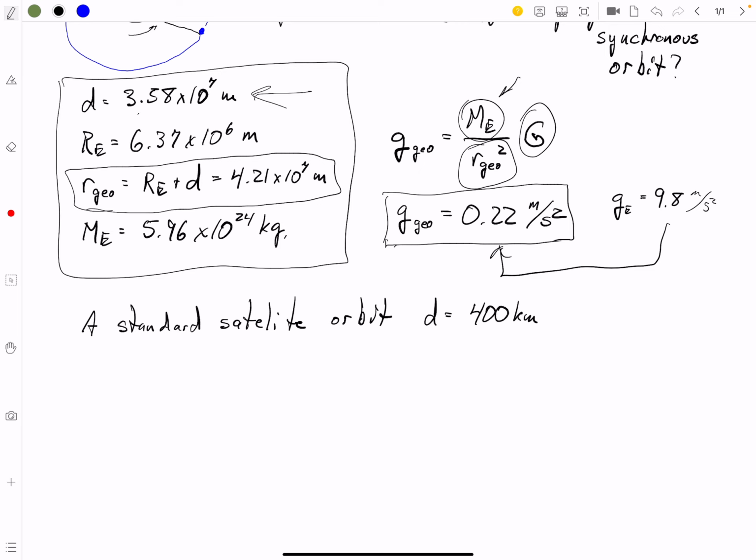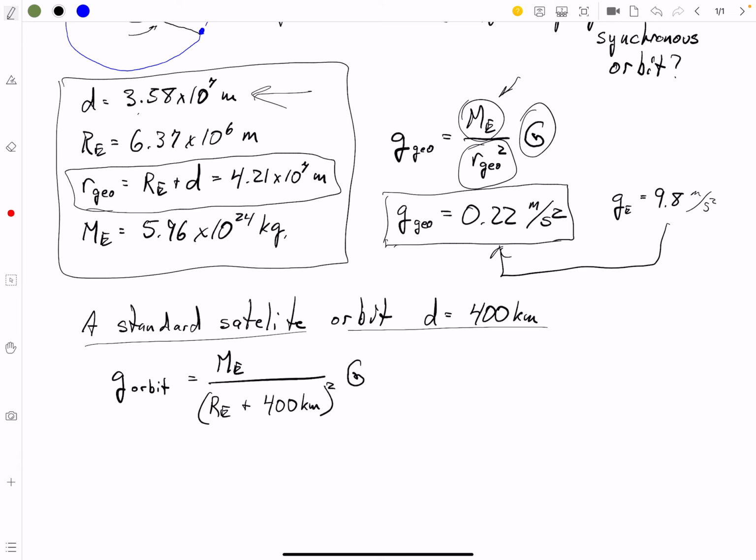And this is for 40 million kilometers, right? Almost. It's 35.8 million kilometers. This satellite is a lot closer. Let's find out what that g is, and we're just going to call it g orbit. We've got the mass of the Earth, and we're going to have the radius of the Earth plus 400 kilometers. We're going to square that, and multiply all that by G.